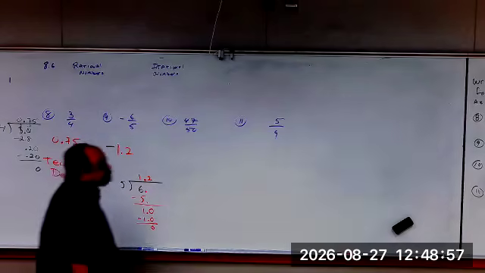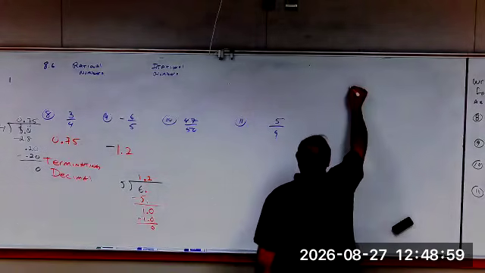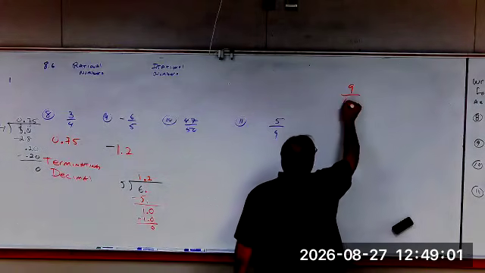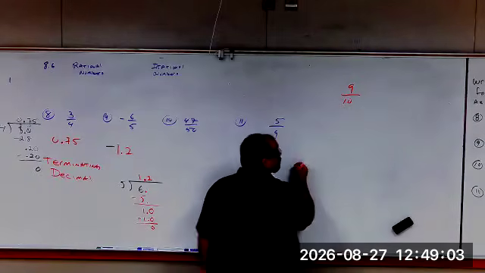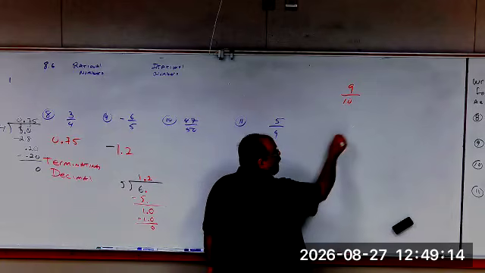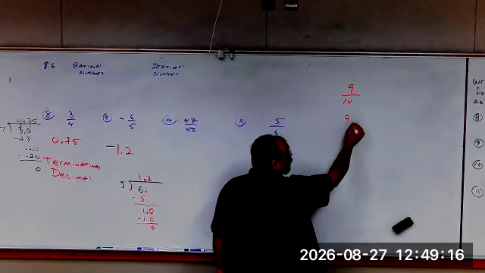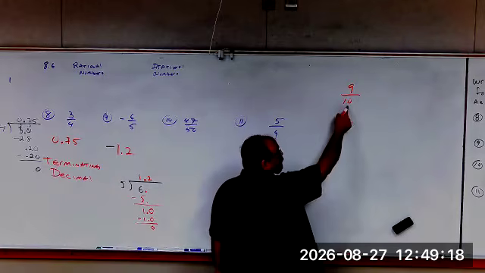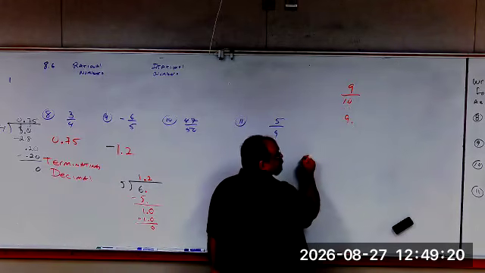If I gave you this fraction, 9 over 10, what would that look like as a decimal? You have the 9. There's my decimal place. If I divide by 10, what happens to the decimal?